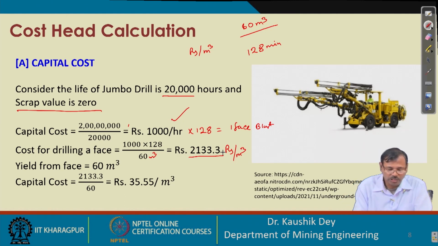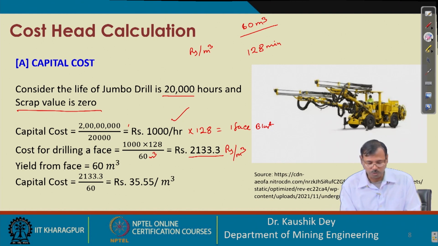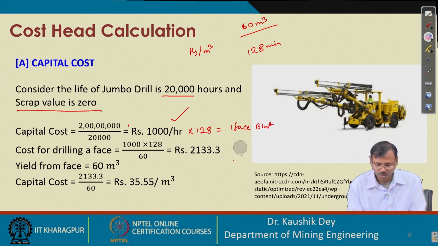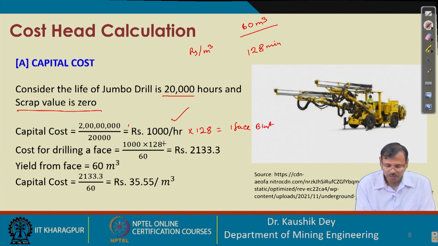Okay. So, the capital cost of this, there is a little bit problem. So, this is rupees per hour. So, this is 128 minute and this is 60 minute.